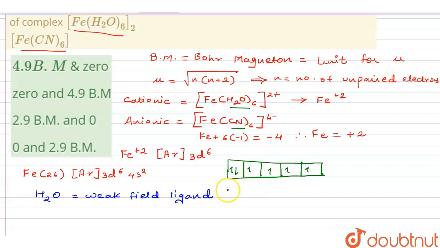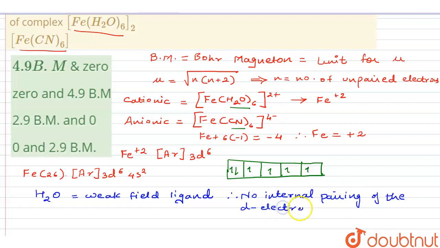What it will do is have its 6 pairs of electrons occupy the other orbitals just after 3d, that is 4s, then 4p. Are you getting my point? Since it's a weak field ligand, no internal pairing of the d electrons is going to take place.